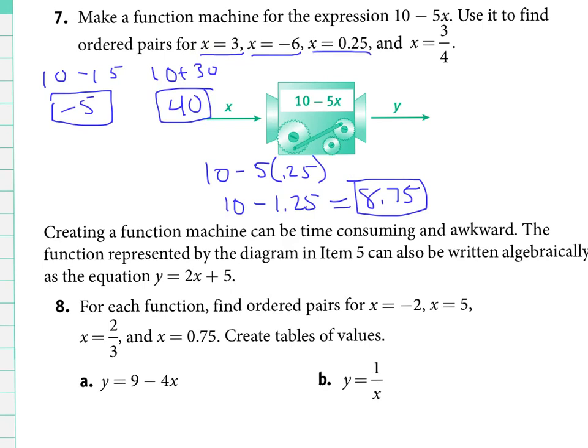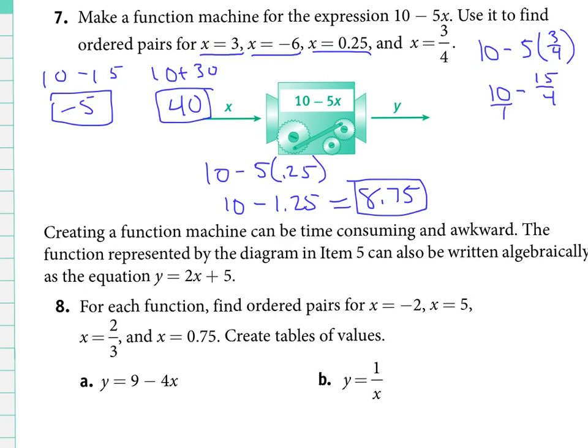The fourth one, being 3/4, you're going to have 10 minus 5 times 3 over 4. Remember, when multiplying times fractions, you multiply times the top and divide by the bottom. So I have 10 minus, if I do 5 times 3, that's 15 over 4. Okay, this doesn't have a common denominator, so I need to put this over 1.